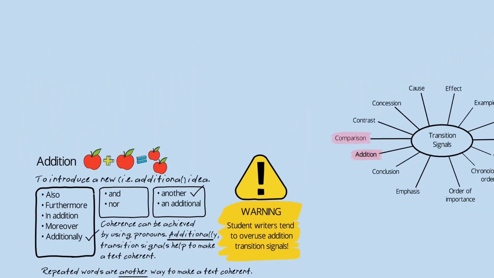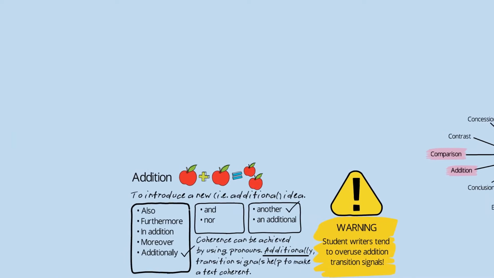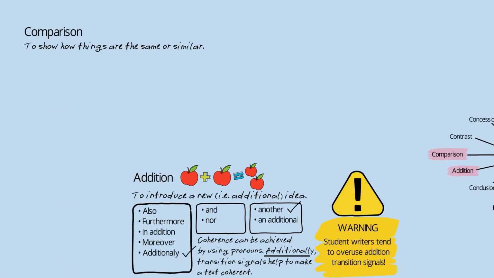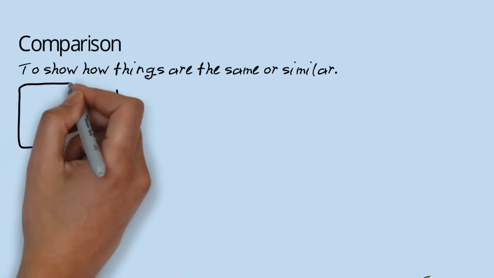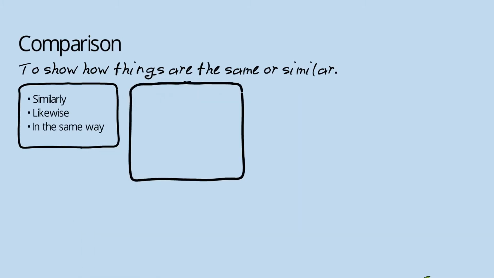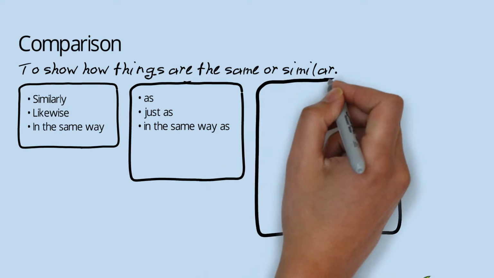So next, comparison transitions. These are used to show how things are the same or similar. Sentence connectors for comparison are similarly, likewise, in the same way. Clause connectors for comparison are as, just as, in the same way as.